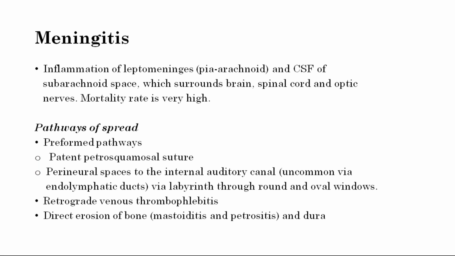And when you do the biochemical test, the protein is high, the sugar is low, and the chloride remains okay. So high protein and low sugar, along with xanthochromia, reaches the diagnosis of meningitis.